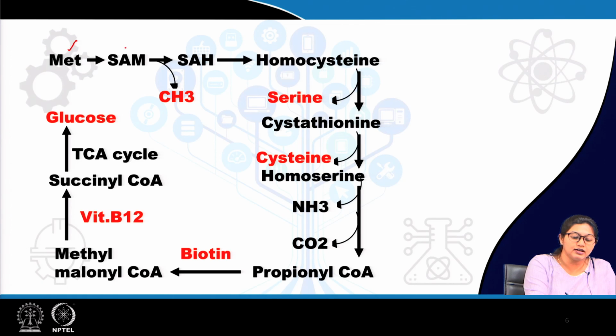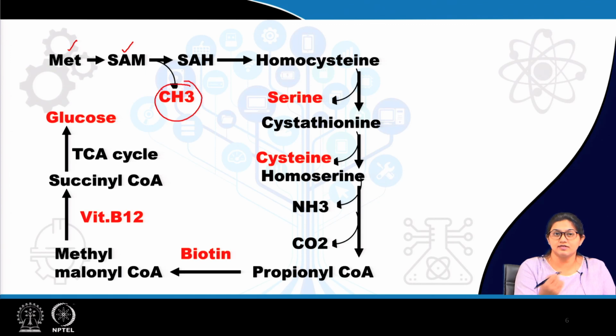From methionine we are getting S-adenosyl methionine. S-adenosyl methionine donates its methyl group via methyl transferase enzyme. What it forms is S-adenosyl homocysteine, which on hydrolysis releasing the adenosine group, forms homocysteine.